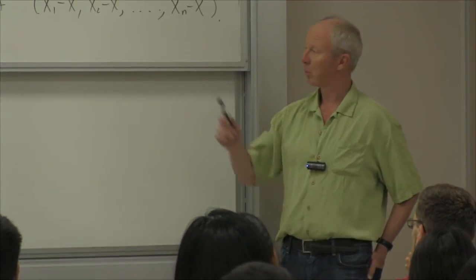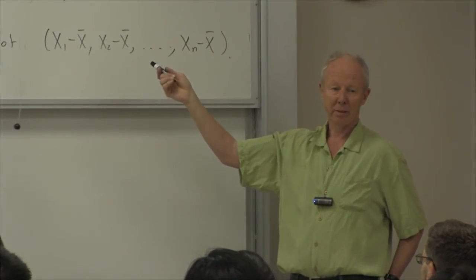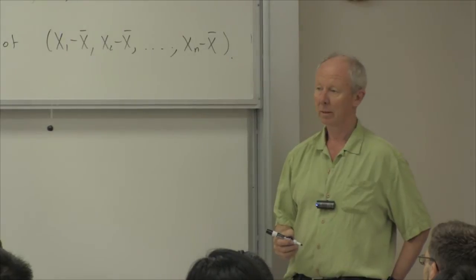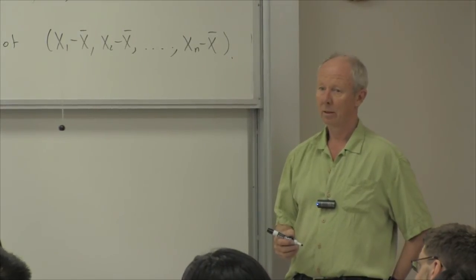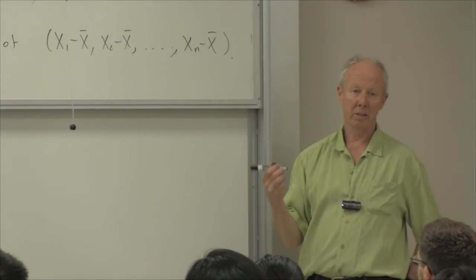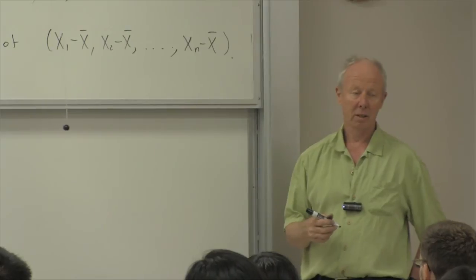It's kind of strange. X bar appears in both places, yet they're independent. So one way to prove independence is to look at the joint density and show it factors.